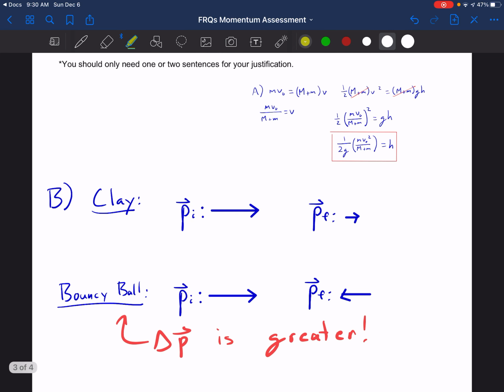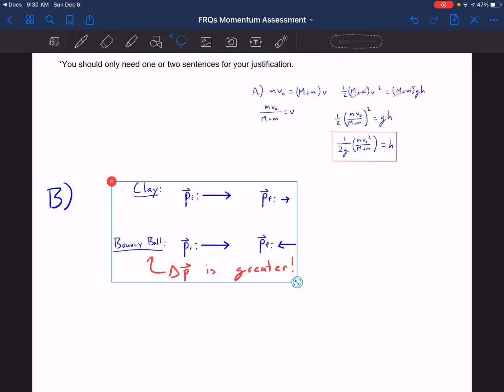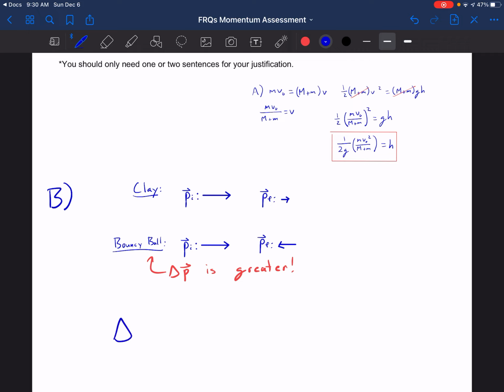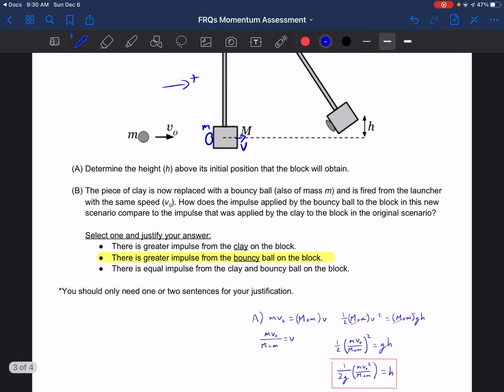Maybe one more way that we could think about this that might be even a little bit more intuitive is if we just sort of write out the equation, right? If we say delta P is equal to PF minus PI, and we compare the two scenarios.